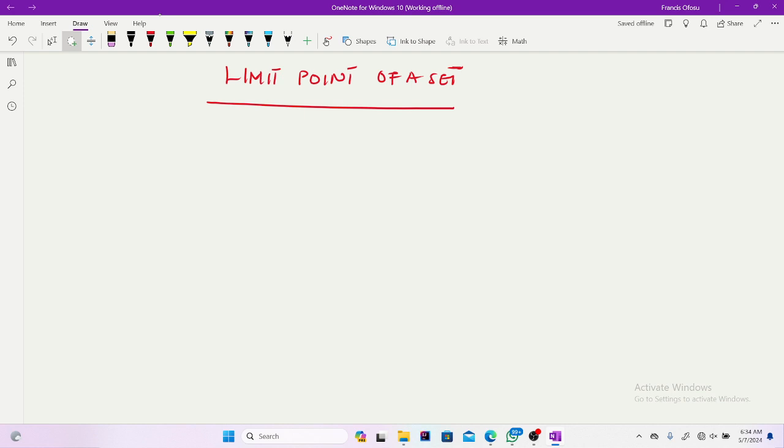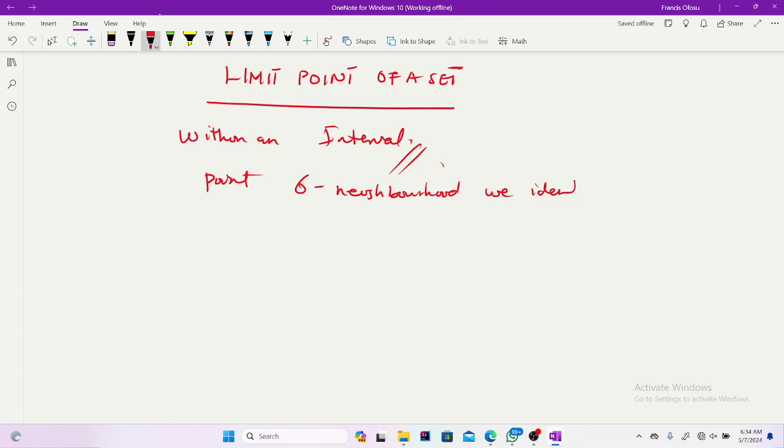So what is a limit point of a set? Within an interval, if we identify any point so that when you take a delta neighborhood, we identify other members of the set.